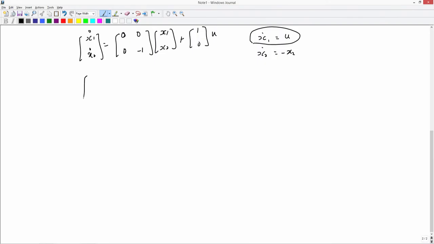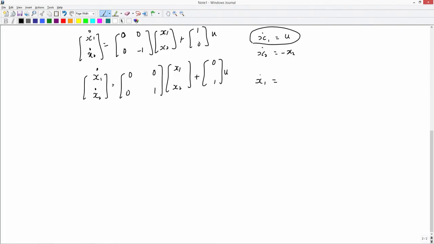What does it mean when I say this? Take instead a system which is like this: 0 0, 0 1, times x1 x2, plus 0 1 times u, which means it is the same system, x1 dot is u, x2 dot is plus x2, and let us see how the uncontrollable part of the system behaves here and here.